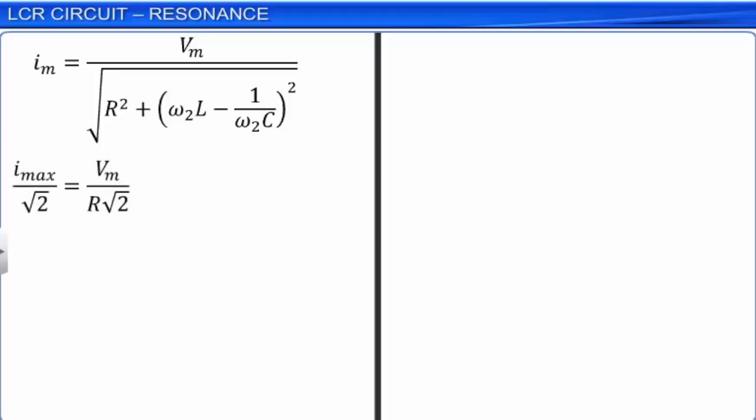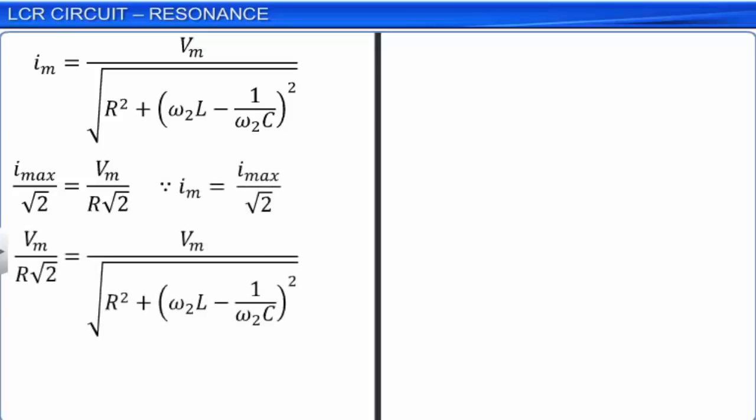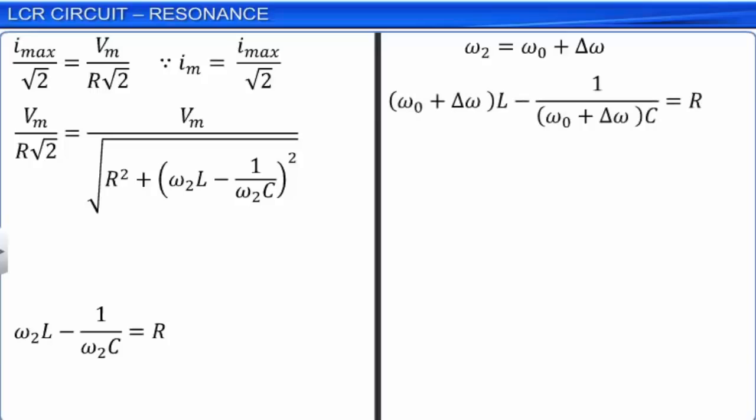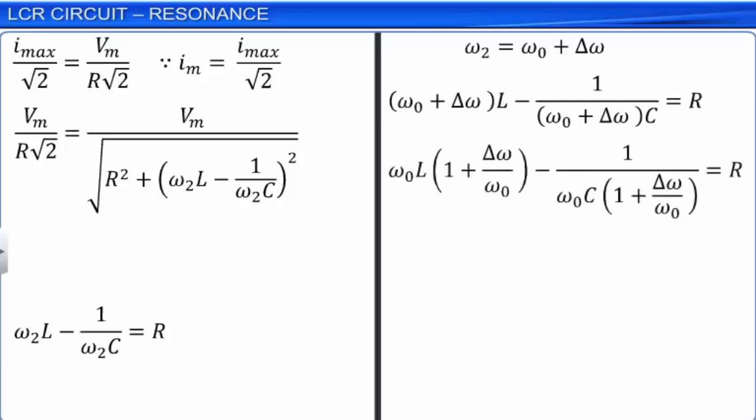On simplifying, we get omega 2L minus 1 by omega 2C is equal to R. Substituting the value of omega 2 is equal to omega naught plus delta omega in this equation and simplifying, we get equation 3 as shown.